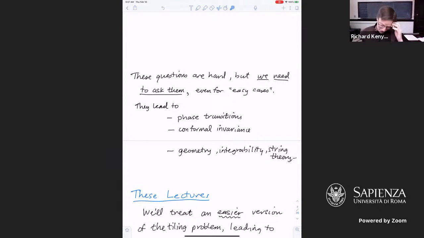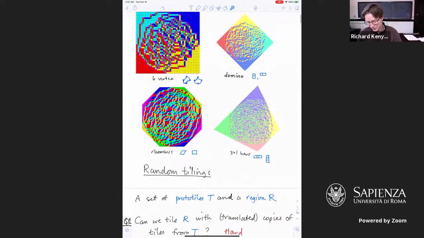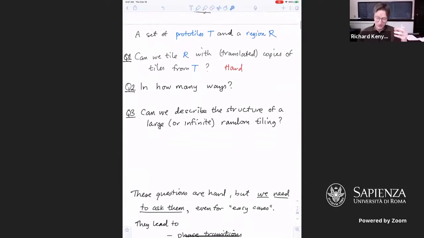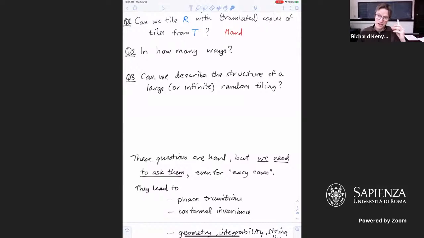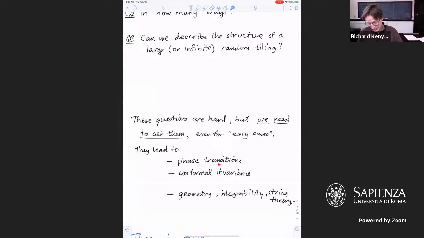But what we find out is that even in the easy cases where we can actually analyze things like this, like some of these pictures here, the domino setting has been fairly extensively analyzed. The answer is not just hard, not just complicated, but it actually involves some deep mathematics. They lead to some phase transitions, some conformal invariance business.